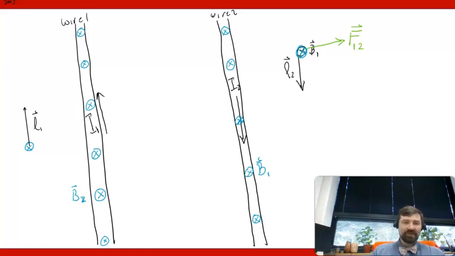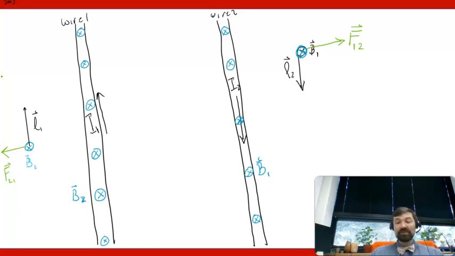If I put those two things together and use the right-hand rule, I'll find that the force from wire 2 on wire 1, we could call this F21, is pointing to the left. F12 is to the right, F21 is to the left.